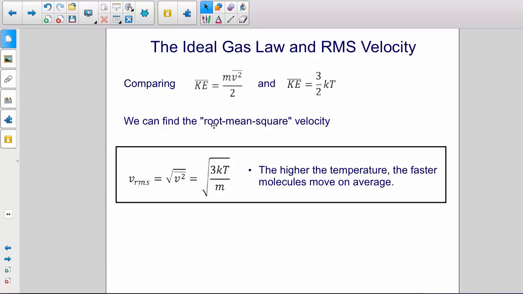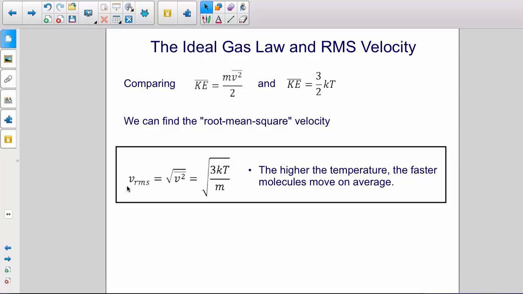So, that means that we can find the root mean square velocity of a single particle. That is, VRMS, root mean square, is equal to the square root of the average square speed. And that's equal to the square root of 3 kT over m, derived from these 2 expressions.